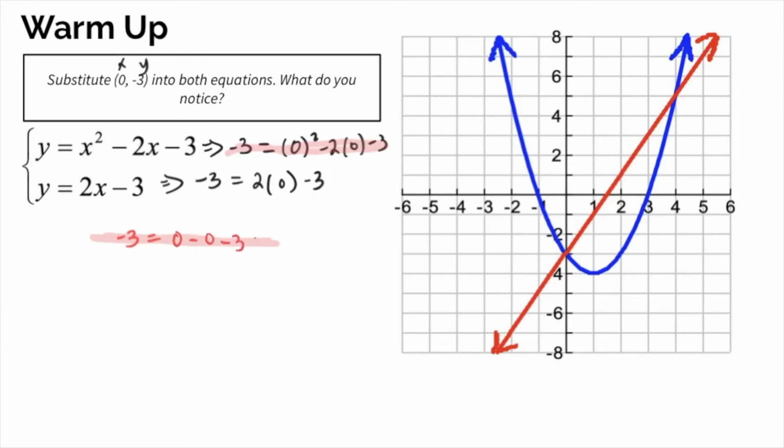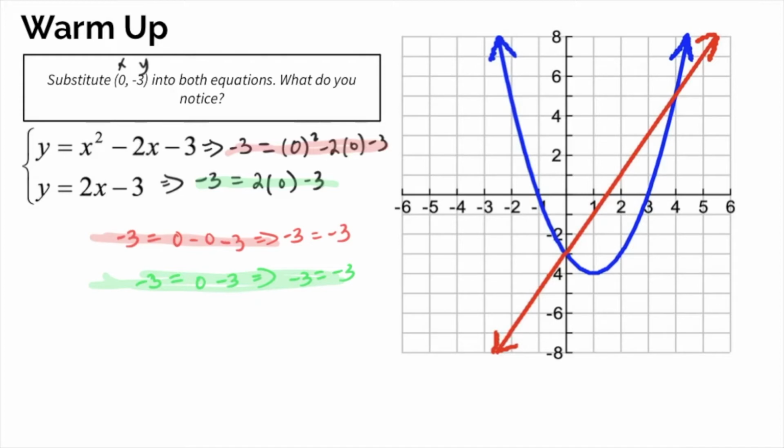And so that simplifies to -3 is equal to -3. Okay, let's move on to the next equation. When I simplify this equation, I have -3, because I didn't do anything to that, is equal to 2 times 0, which is 0, minus 3. And so that simplifies to -3 equals 0 minus 3, which is just -3.